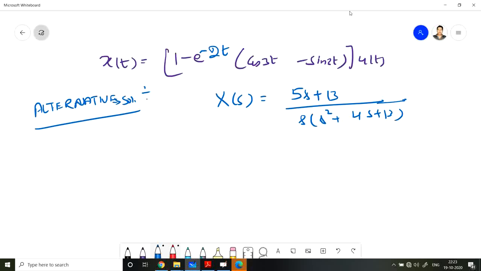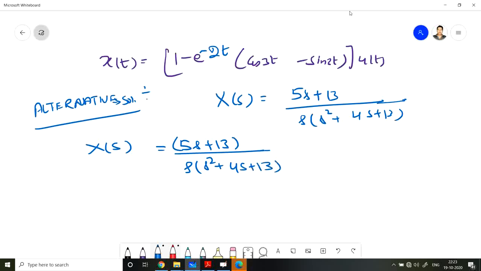It can be written as X(s) equals (5s plus 13) divided by (s square plus 4s plus 13) equals c1 divided by s plus (c2 s plus c3) divided by (s square plus 4s plus 13).